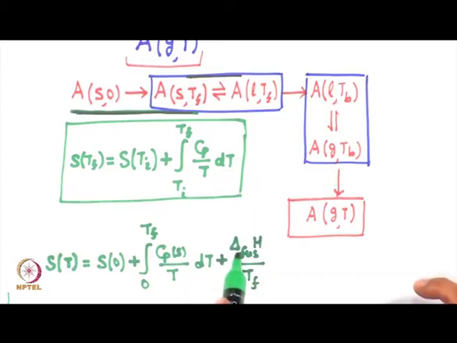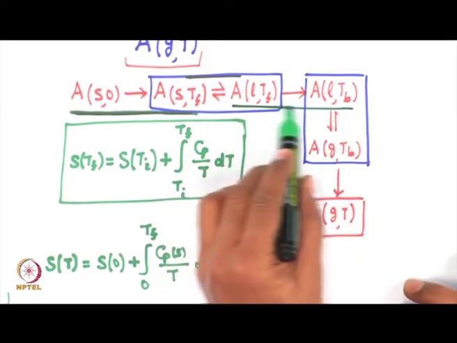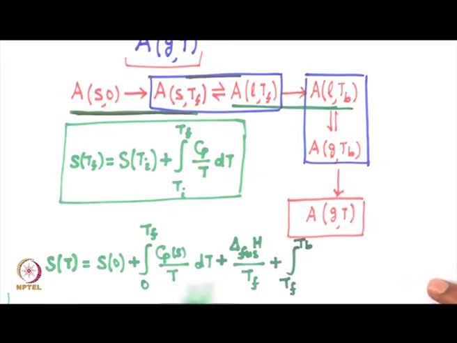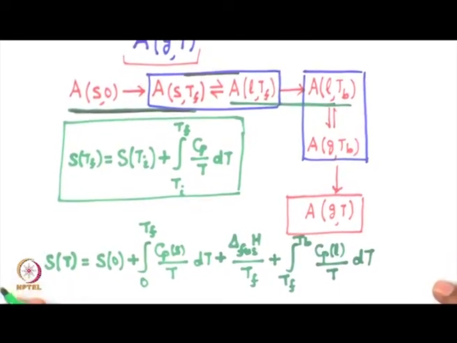Entropy of phase transition is enthalpy of freezing divided by the freezing point, plus now the next one, this one will be from Tf to Tb, it will be Cp of liquid divided by temperature dT, right.